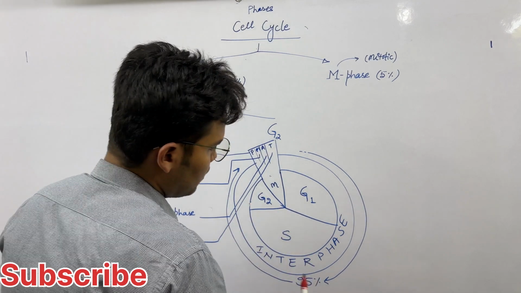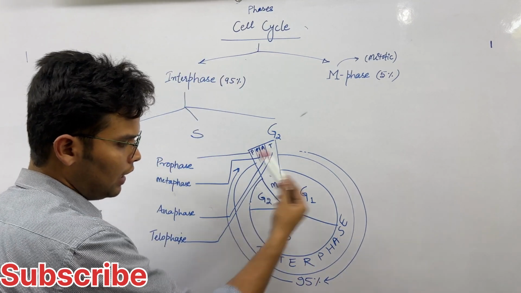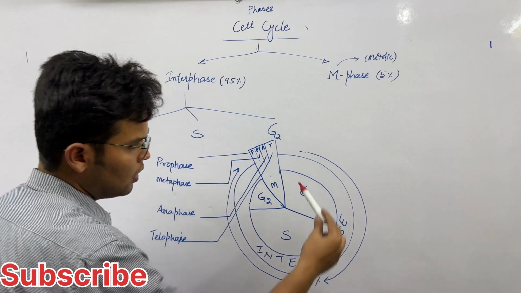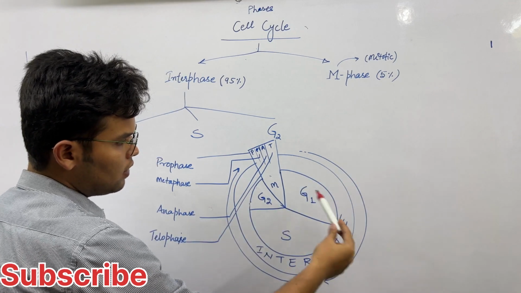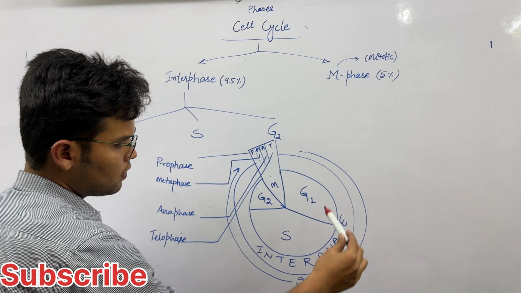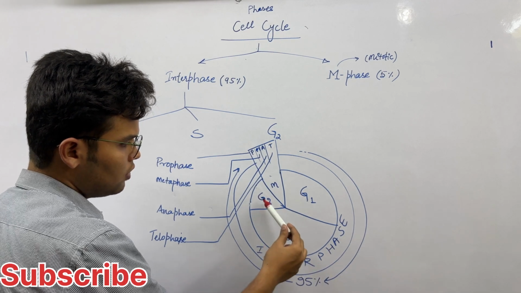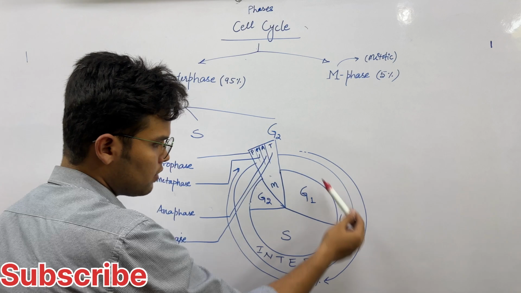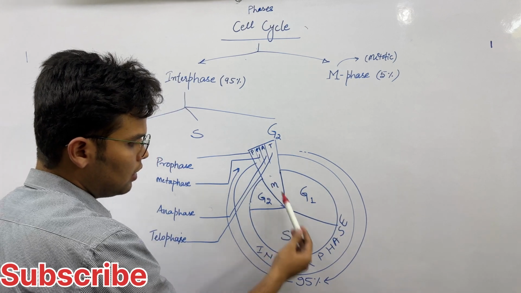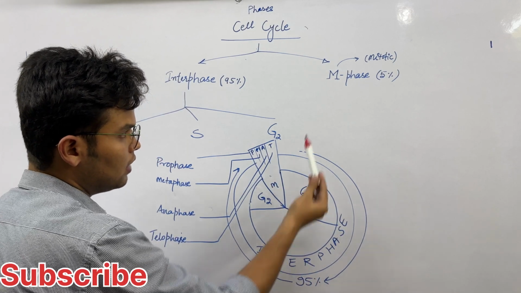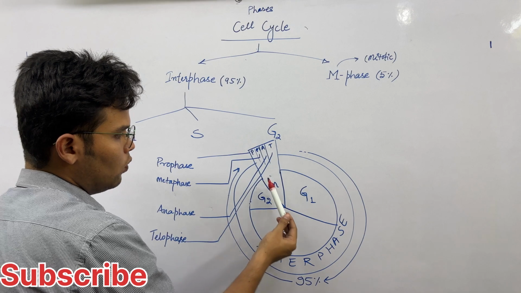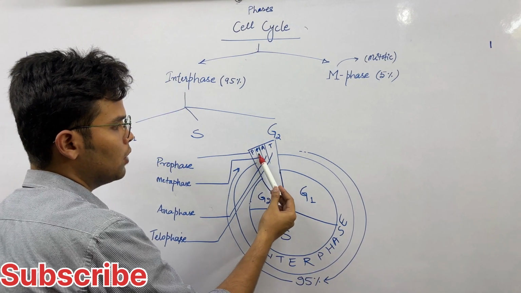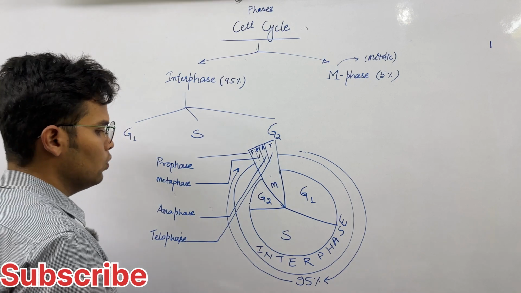Now we can see this whole cell cycle is divided into two main phases. The first phase is G1 phase, S phase and G2 phase, which together comprise interphase, and the next phase is M phase, that is mitotic phase, which also has its subphases: prophase, metaphase, anaphase and telophase.